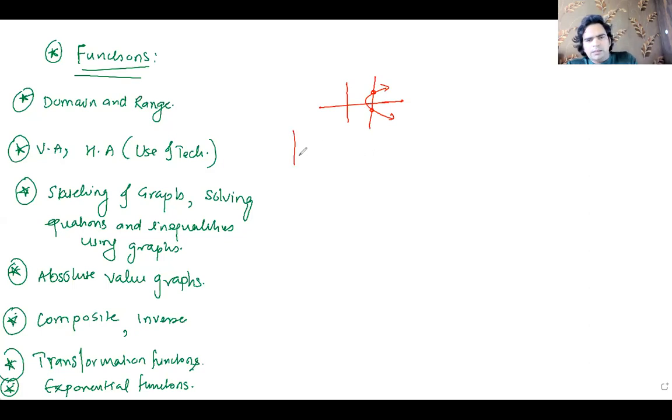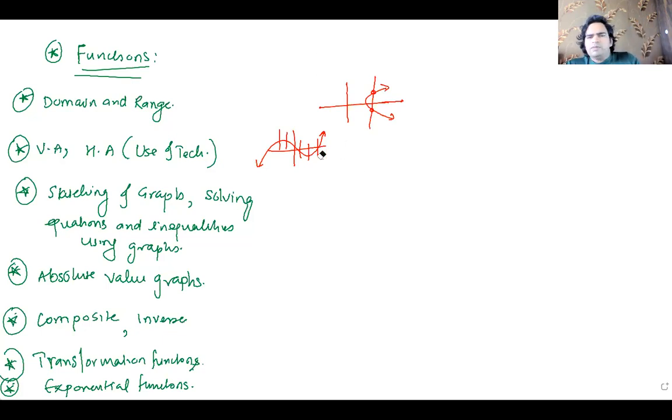For example, here, if I draw the vertical line, this is called the vertical line test. And here it cuts at only one point. That means the given relation is a function.